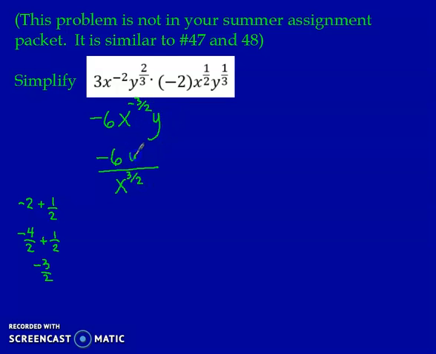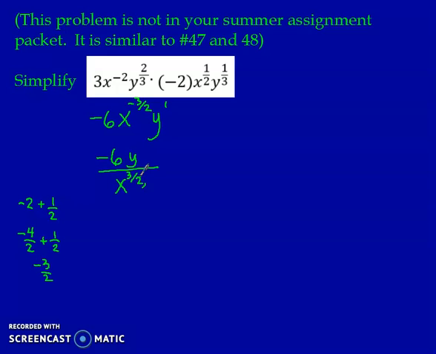This y, however, stays up top. It has a positive exponent of 1. Okay, and then the second thing is we don't want to have any rational or fractional exponents in the denominator, because that's the equivalent of having a square root in the denominator.